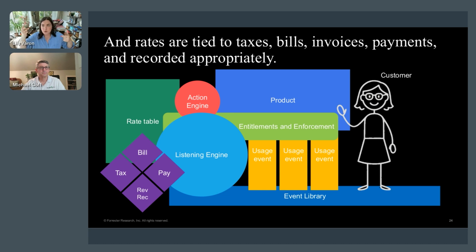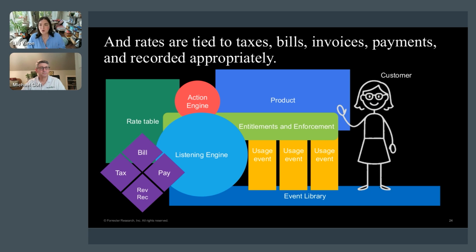Is a usage threshold reached? Has it been reached? How close to it are we? What does that mean for the rest of this process? Are there overages? Did an upgrade event happen? All of these systems are increasingly decoupled, but dependent, so that they can dynamically change in line with the customer context and with these usage events, right?